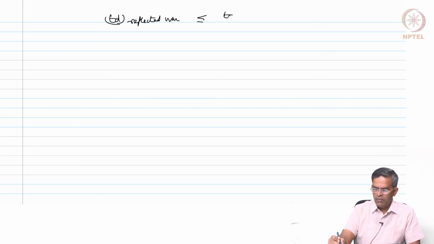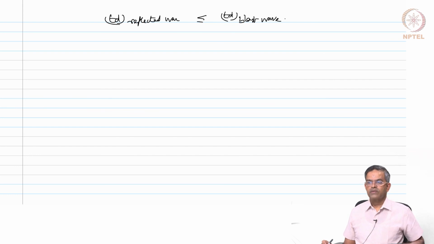So, therefore, we can say time duration of the reflected wave is less than or equal to time duration of the blast wave and depends on the above parameters. Upper limit of this corresponds to total reflection of the entire blast wave without any diffraction. Okay.